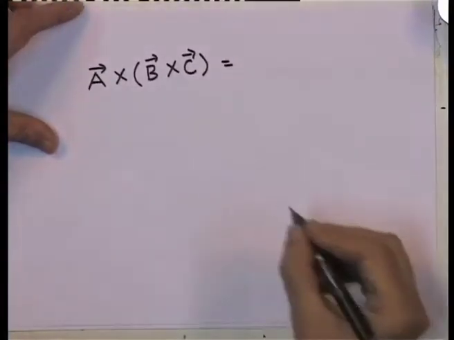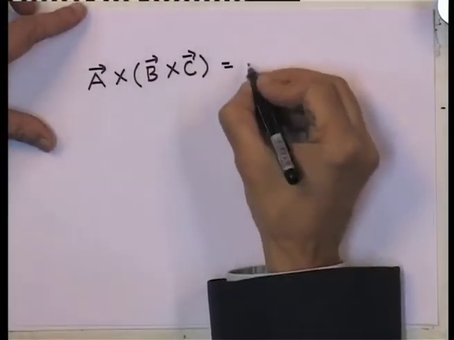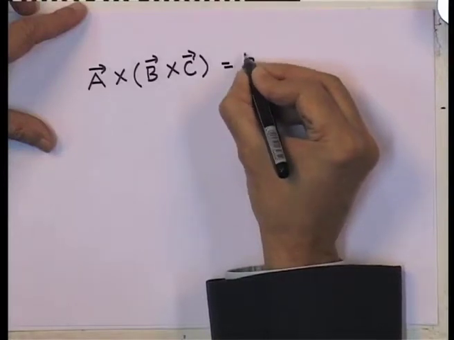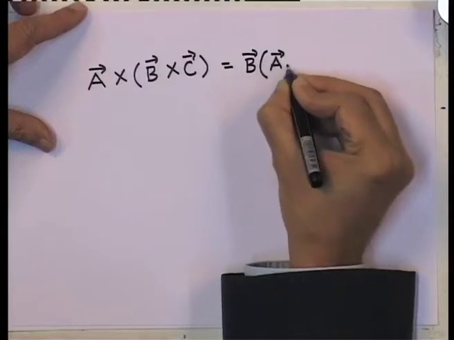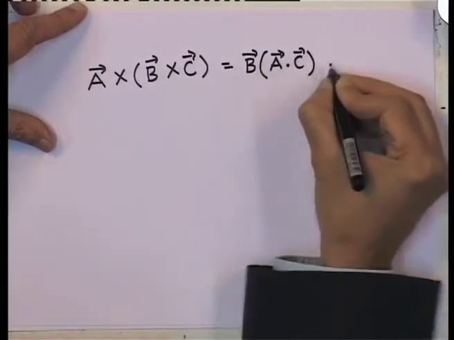And this turns out to be given by the famous, occasionally called the back minus cab formula, B (A dot C) minus C (A dot B).